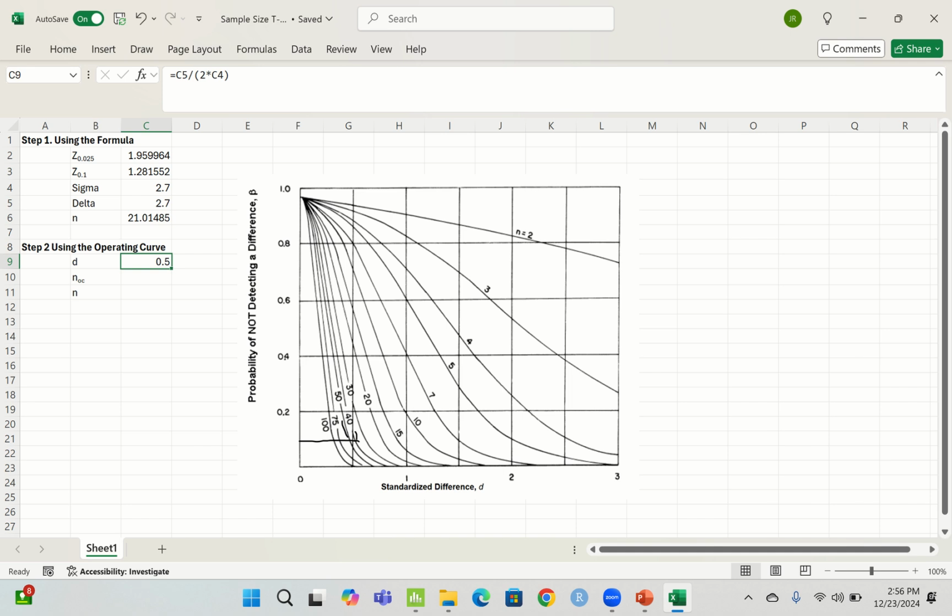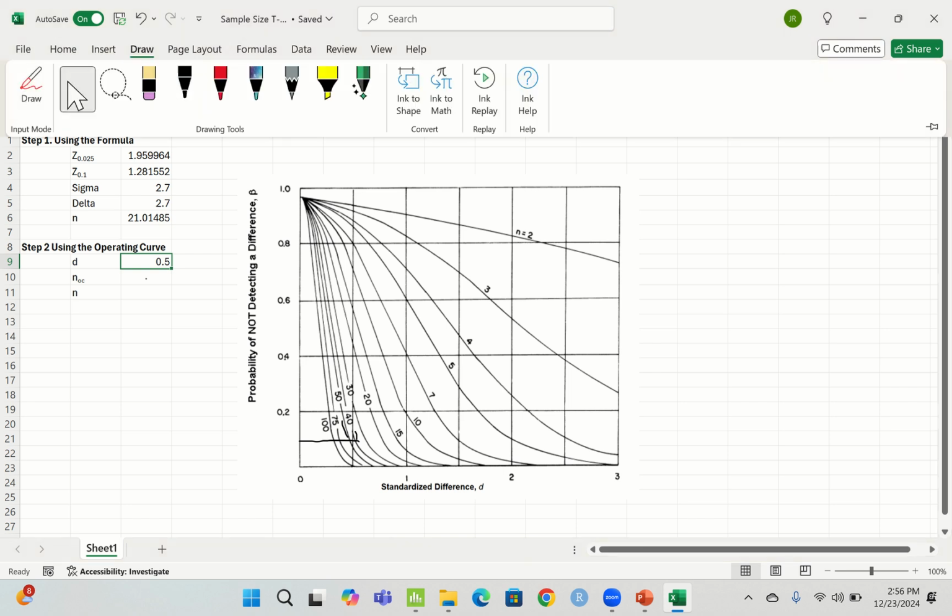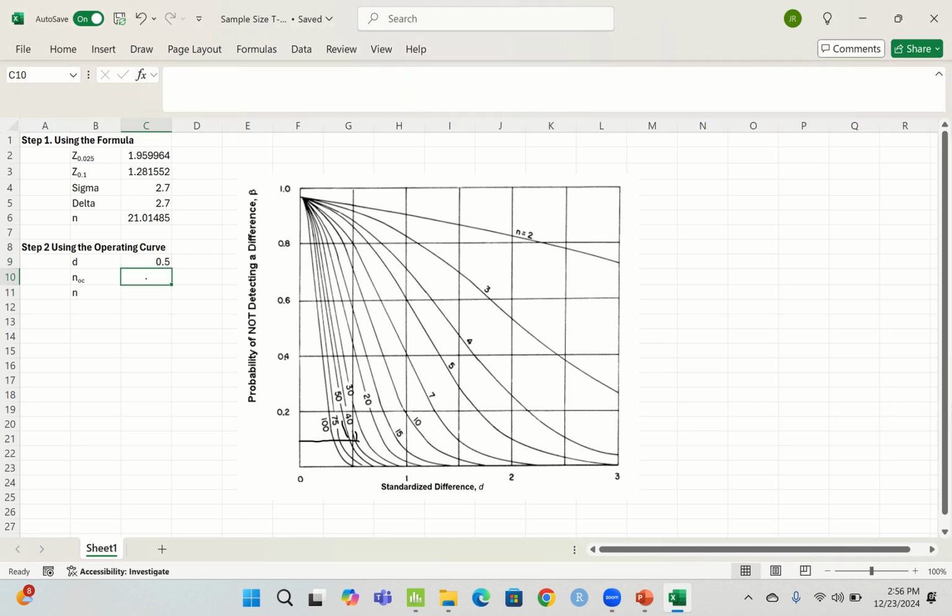So our value is between 50 and 40, and that's what I call the n_c for this case. So let's settle with something in the middle between 50 and 40. Let's say 45. Now 45 is the operating n, the n that comes from the operating curve.